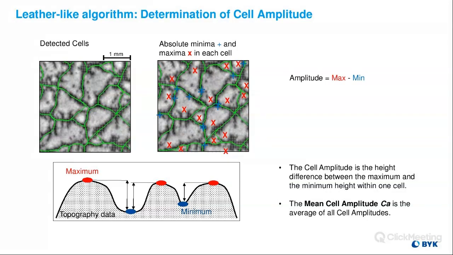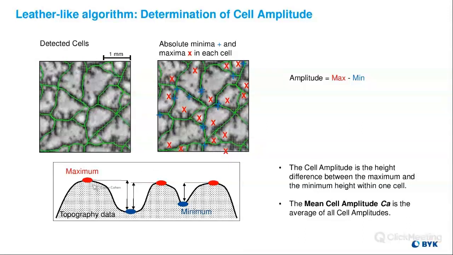So that's done again by using this spatially differentiated topographical map of the surface that we've measured. And so what's done is the software calculates the maximum height of the localized cell as well as the closest neighboring minimum, or the deepest part.